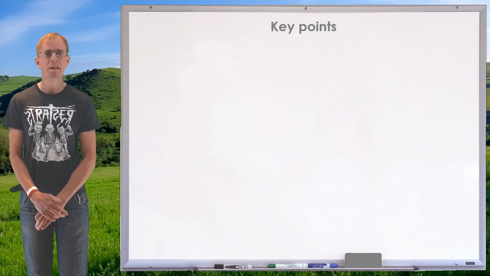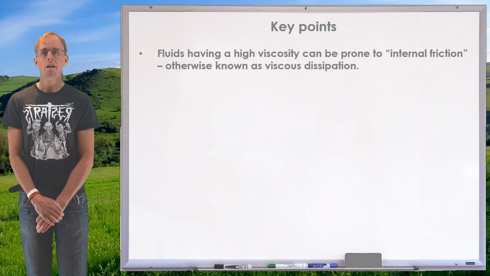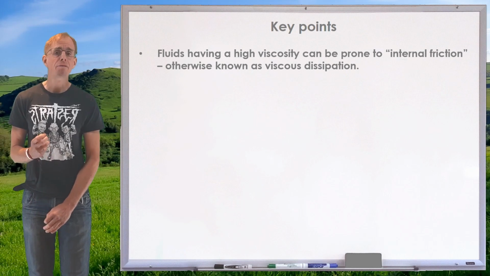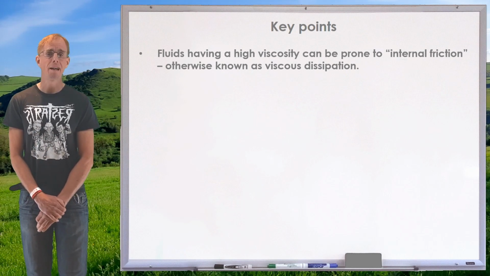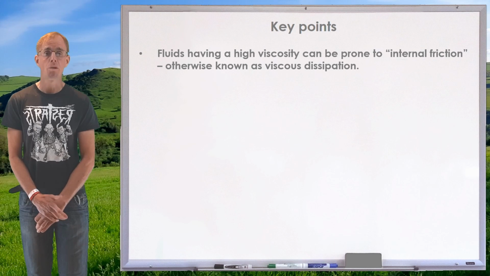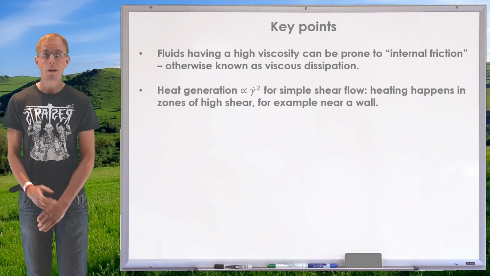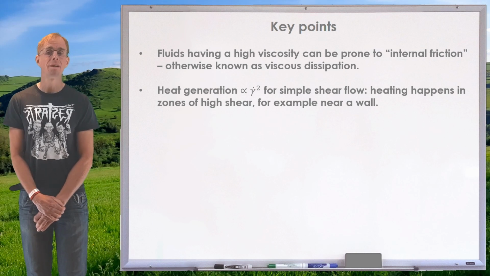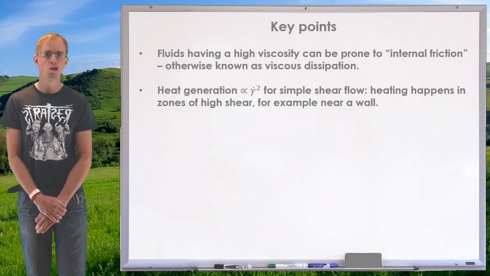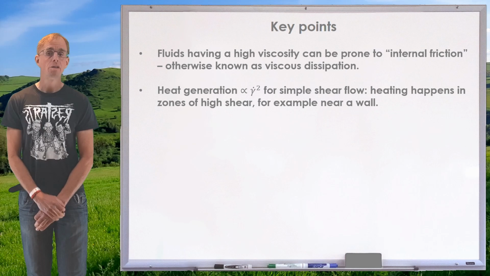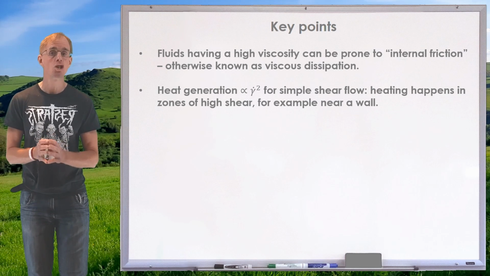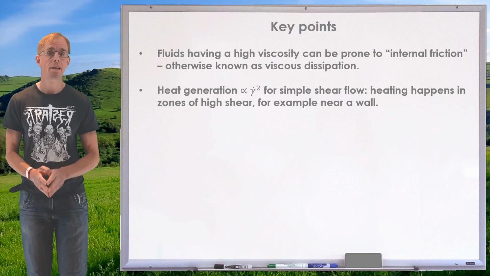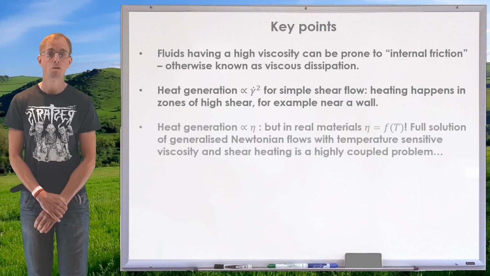So let's recap a few key points. Flows that have a very high viscosity fluid involved can be prone to internal friction, otherwise known as viscous dissipation. The heat generation by viscous dissipation is proportional typically to the square of the magnitude of the shear rate in simple shear flow. So heating will happen in zones of high shear, that is to say near a wall or a no-slip boundary.